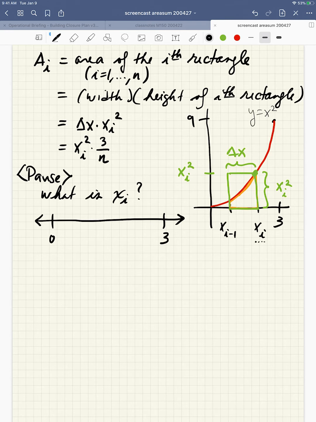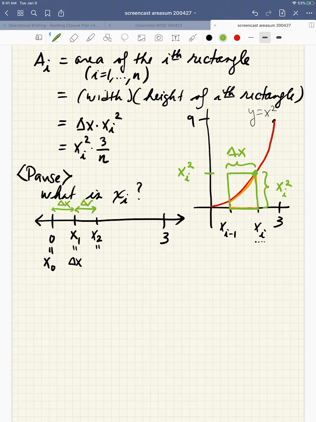So if this is the interval from 0 to 3, this here, that's x0. And the next endpoint is x1. And this distance here is delta x. So x1 must be delta x. And then the next endpoint is x2.